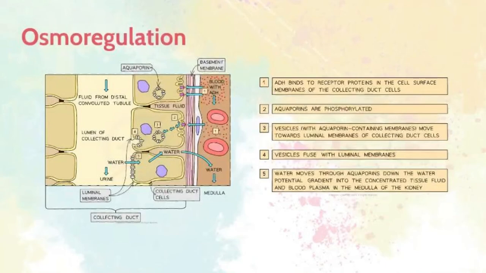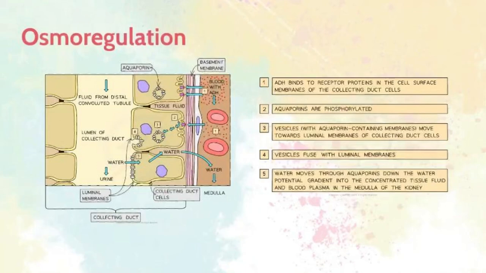Let's go over that one more time, specifically referring to this diagram. So, number 1, ADH binds to receptor proteins on the cell surface membranes of the collecting duct cells. This then causes aquaporins to become phosphorylated, and you can see the aquaporins being stored on the vesicles on the inside of the cells.